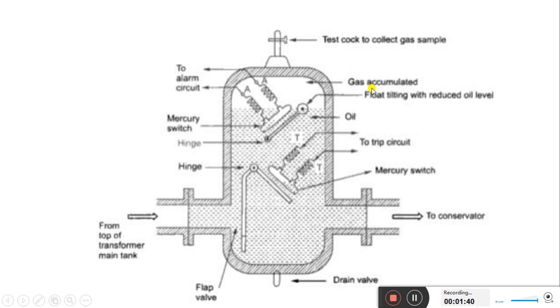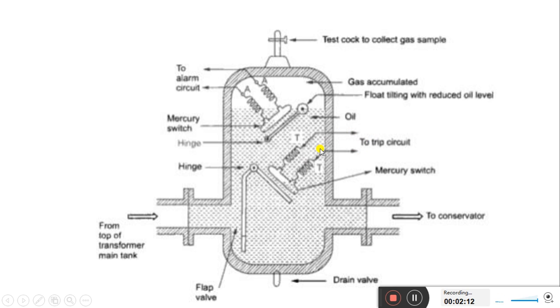The float is in a tilted position as shown here, and this is the oil which is filled here, and this is called the mercury switch. In the same way, in the bottom portion also, this is a hinge and this is a flap valve, and this is again a mercury switch, and from this mercury switch a trip circuit is actuated by these two arrows.